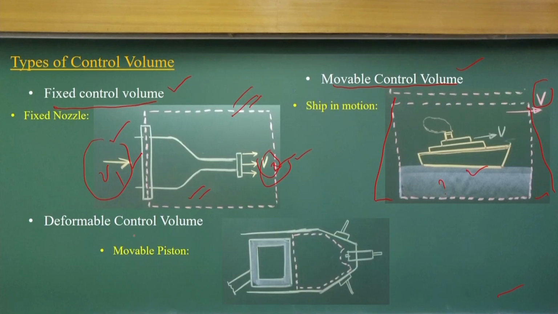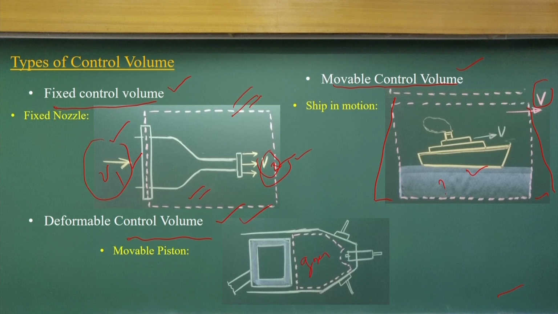In a similar way, we can talk about a deformable control volume, which is generally used for fluid mechanics problems in mechanical engineering. For example, there is a piston movement happening and within it there is a gas.